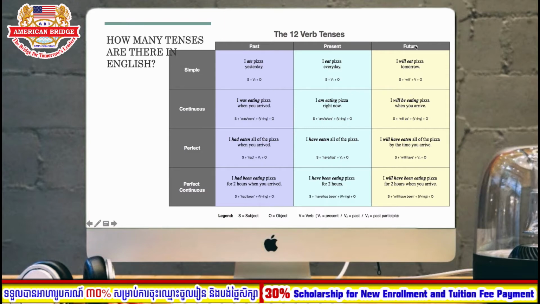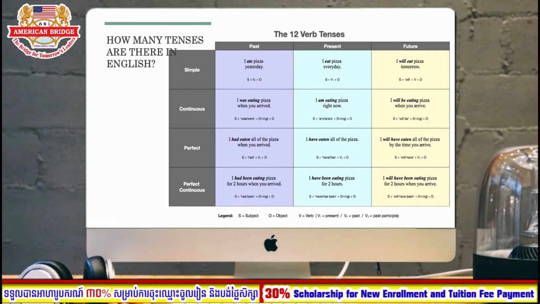So if you look at the form right here, those tenses have unique forms, but they follow the same structure. The general structure the English language follows is subject, verb, and object. Okay, so look at all the tenses here. They follow the same basic structure: subject, verb, and object. So this is the foundation of the structure.